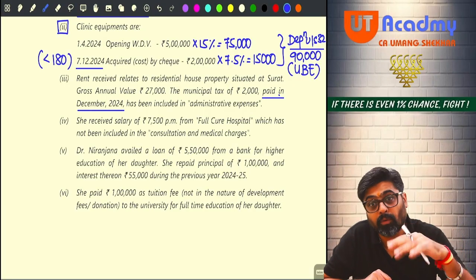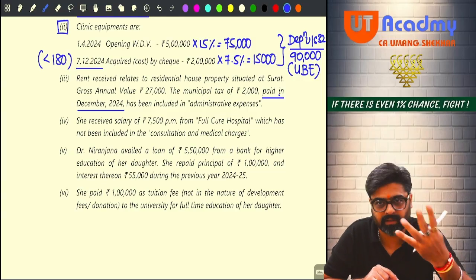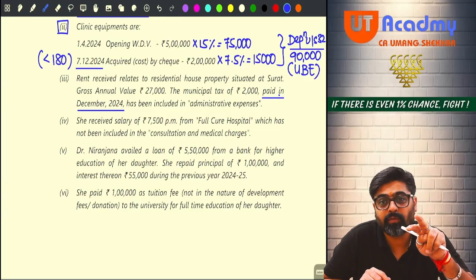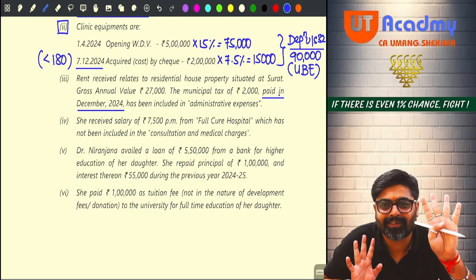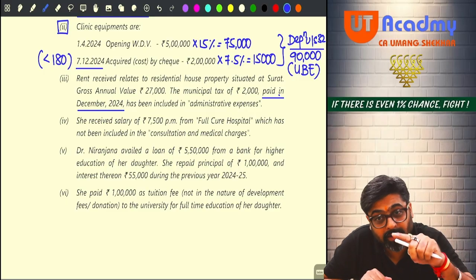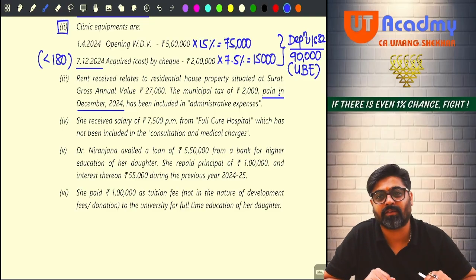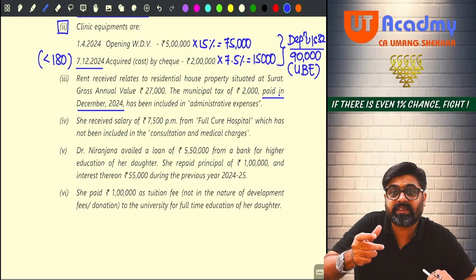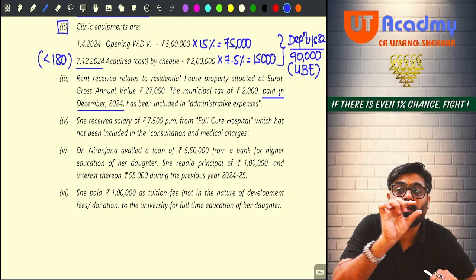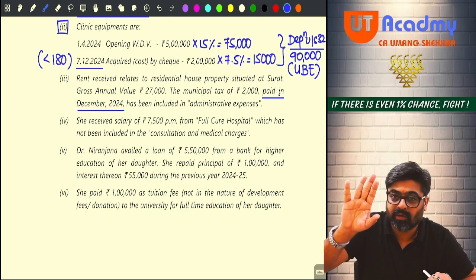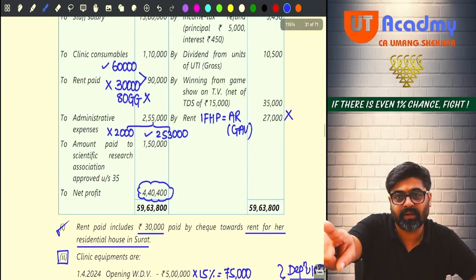But wait, one more, this information can be twisted like this also. They could have told you municipal taxes payable 2,000 included in administrative expenses. They could have twisted the language like this also. First of all, this effect will remain the same.